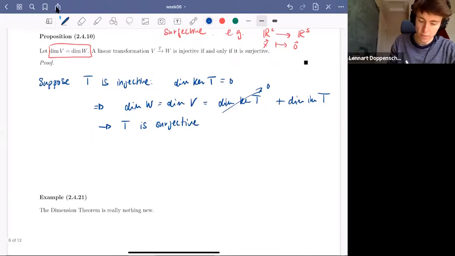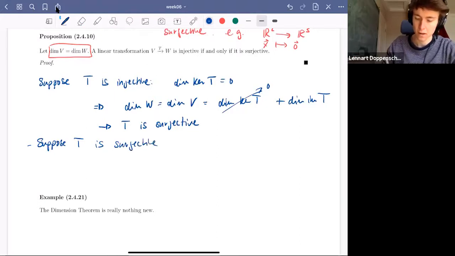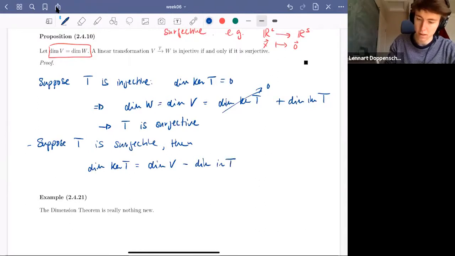And now if we suppose that T is surjective, then I guess the best way to write this down is that the dimension of the kernel of T is always the dimension of V minus the dimension of the image of T. This is just by the dimension theorem.